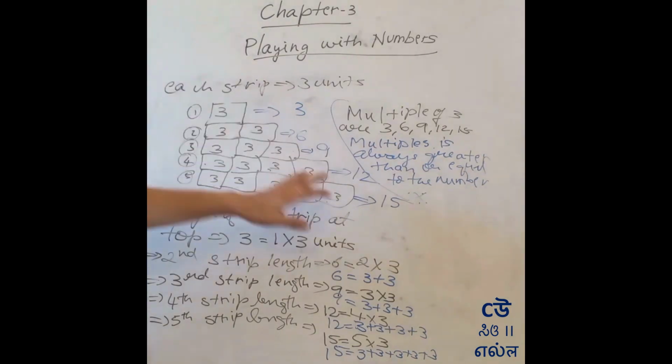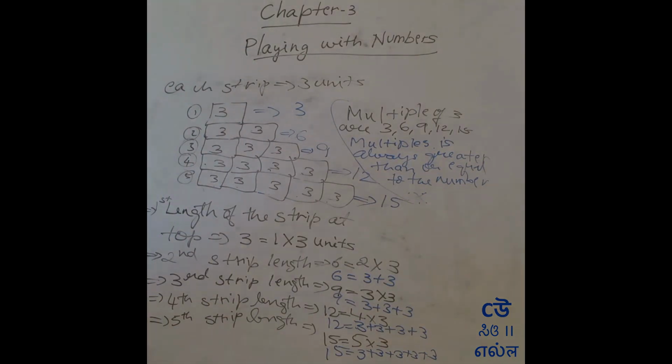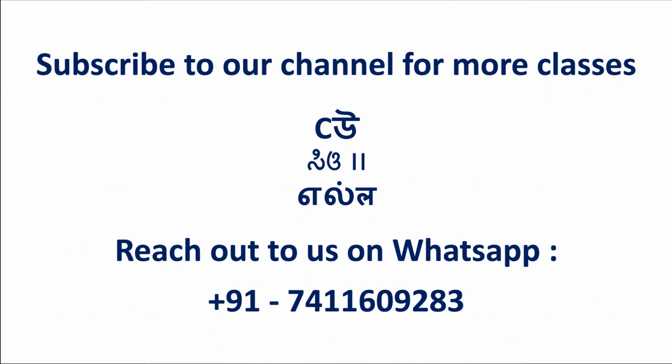So we can tell that the multiple is always greater than or equal to that number. So next let us see what we can conclude about factors and multiples.